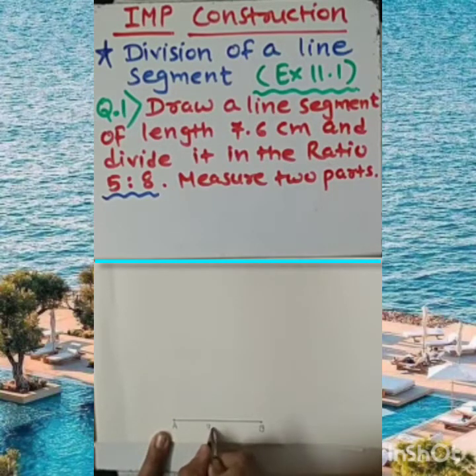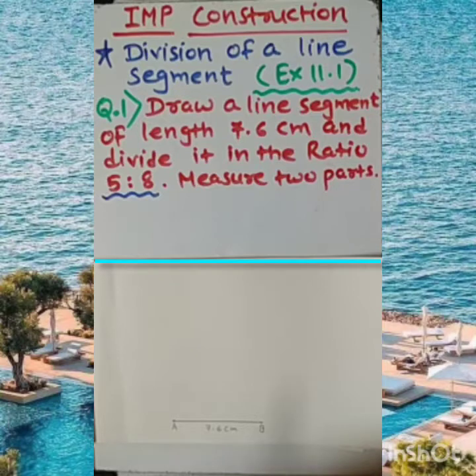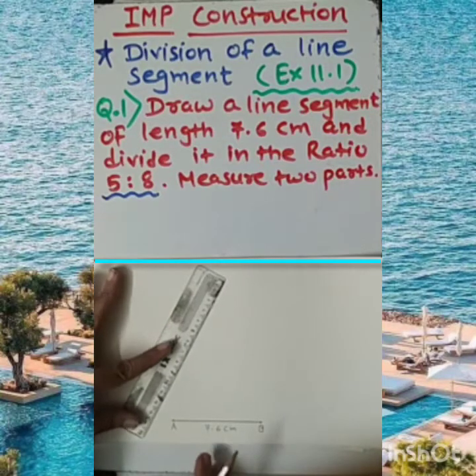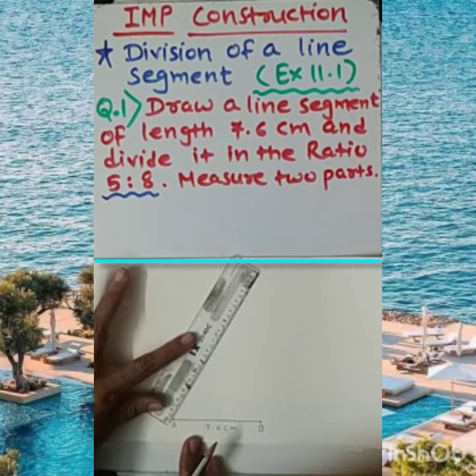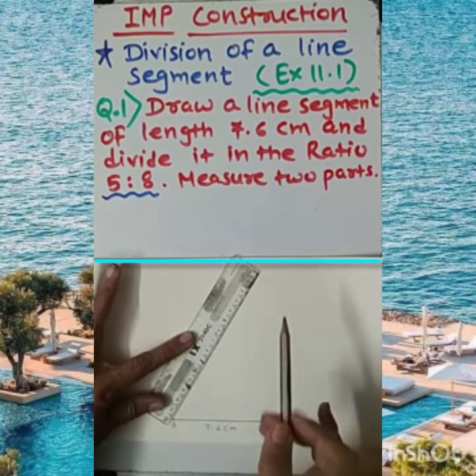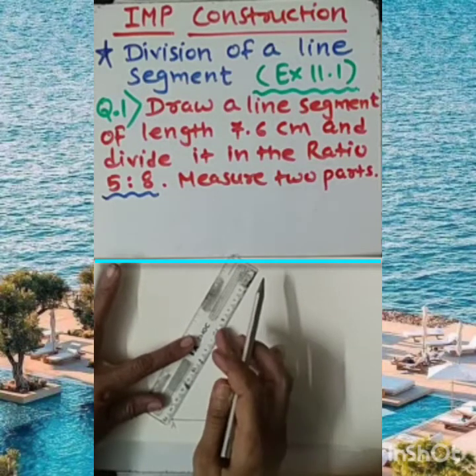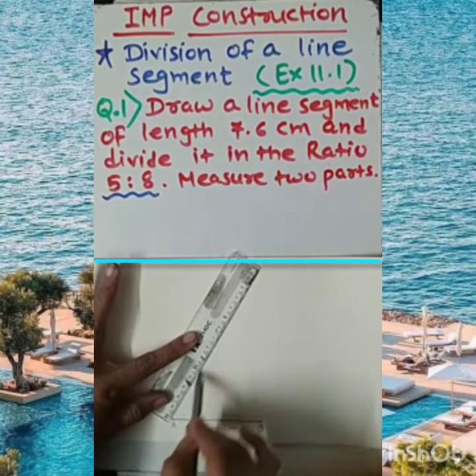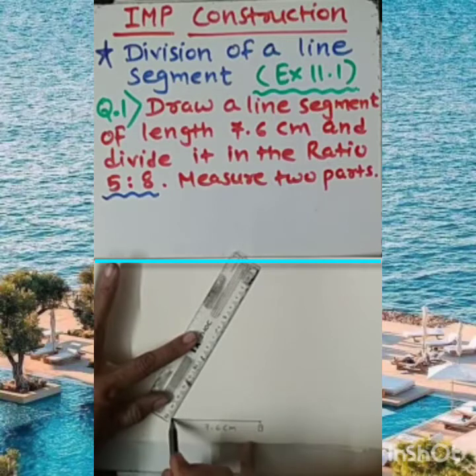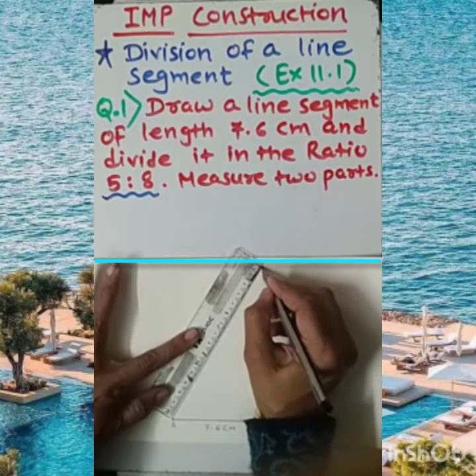This is 7.6 centimeter. Now, without measuring, approximately, we have to take one angle, that is XAB. That must be an acute angle, less than 90 degrees. Without measuring, choose approximately 60 degrees and extend that ray.